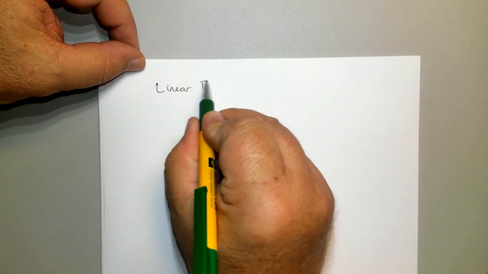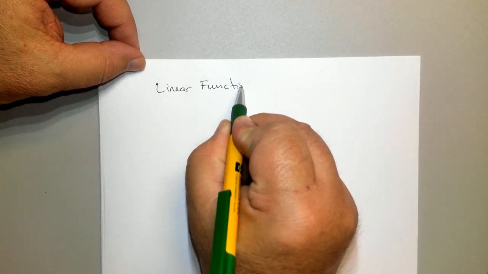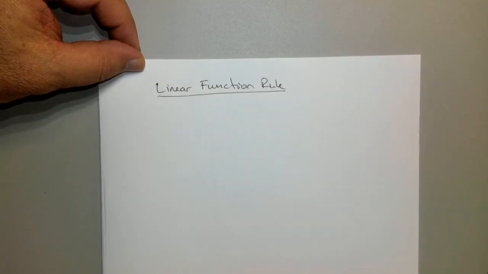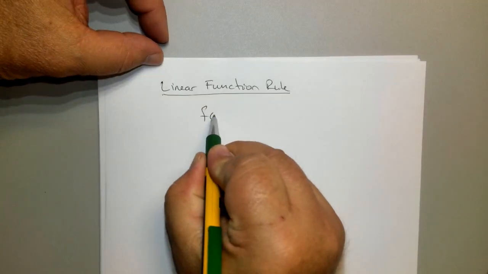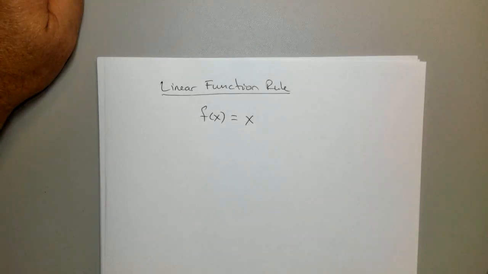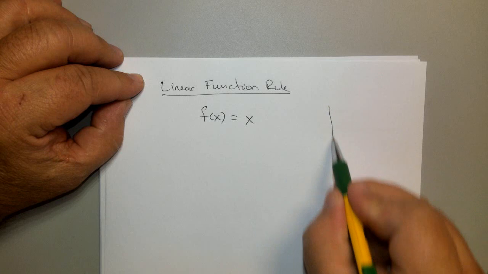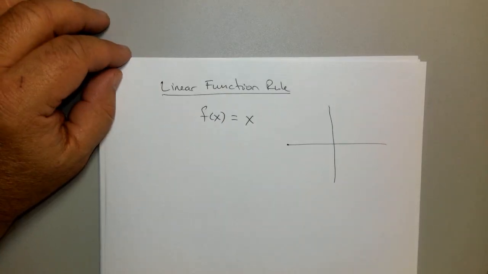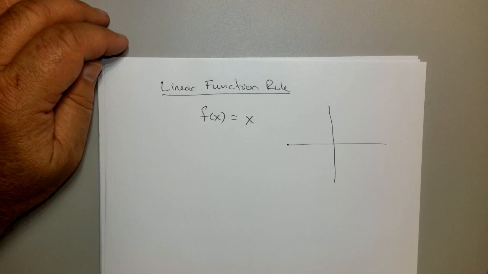Linear function. f of x equals x. What does that graph look like? You like the vertical lines, don't you? No. I mean like a diagonal line.